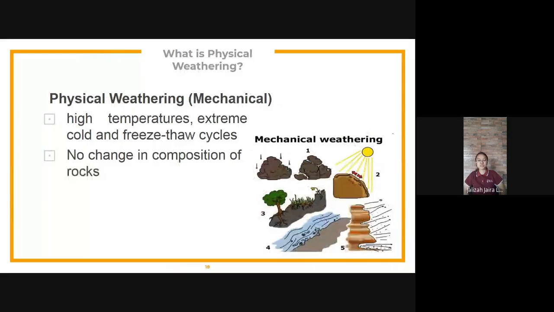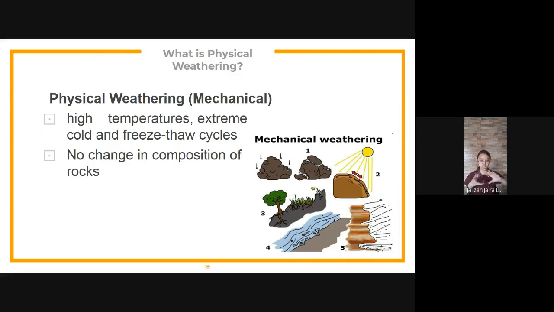Okay, so when we talk about physical weathering or mechanical weathering, it's usually brought about by a physical shearing of the rocks. In this case, think about when you were a little kid and you were learning about physical change and chemical change. So in a way, it yields just a change in the shape, the size, the bits of the rocks, but not exactly in its composition.